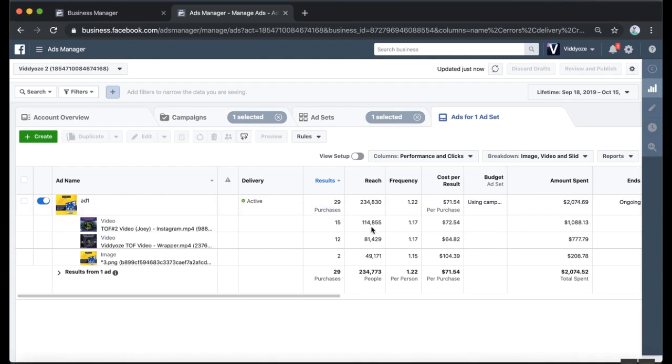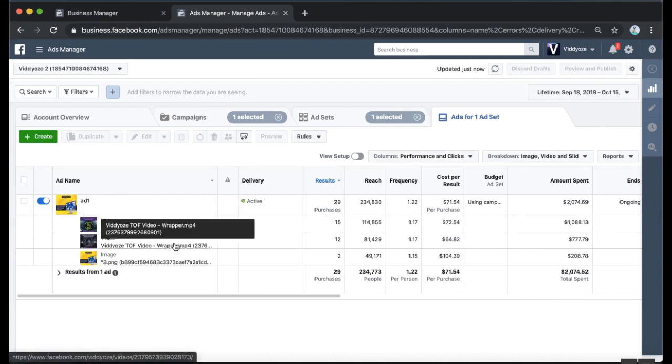Apparently you would say, well, this one is the best performer, right? Well, not exactly, guys. Of course it's a really good performer, because it's $72, under my ideal cost per acquisition, which is $75, at 100% ROI. But look at this one.